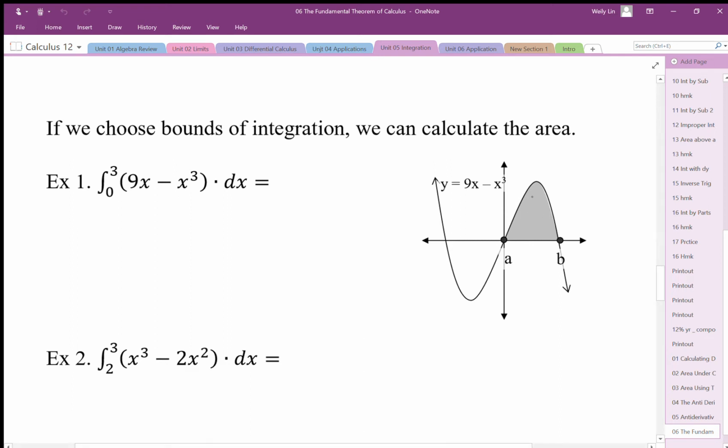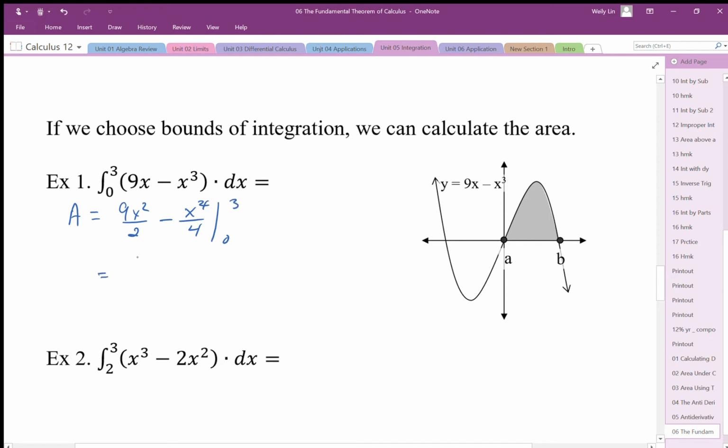Okay, so instead of calculating this area using a whole bunch of little Riemann sums, we're going to calculate it using an antiderivative. So I can anti-differentiate this and say that the area under the curve relates to the antiderivative 9x squared over 2 minus x squared over 4, and the displacement from 3 to 0.